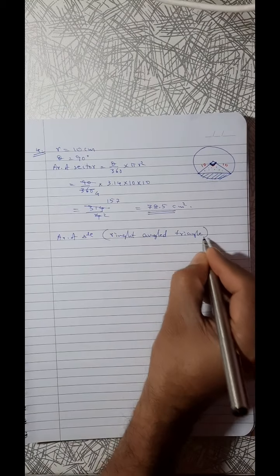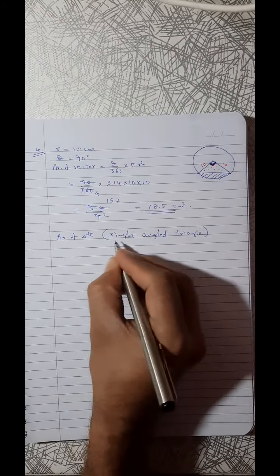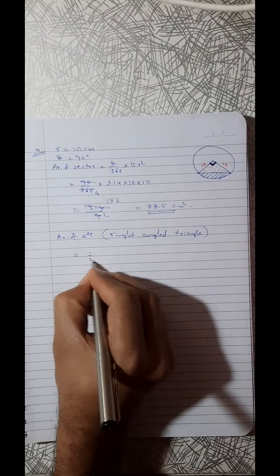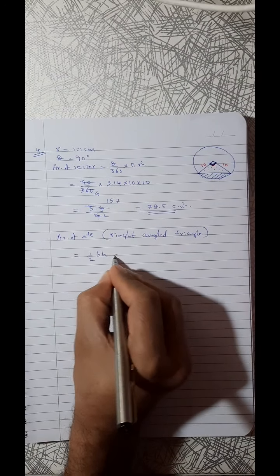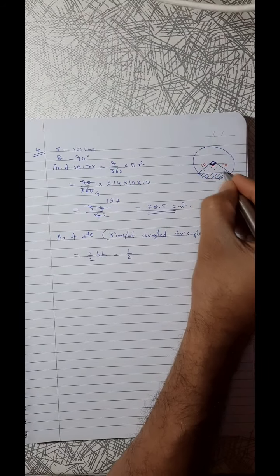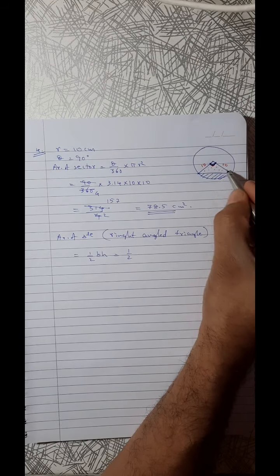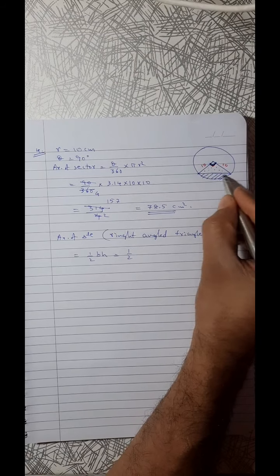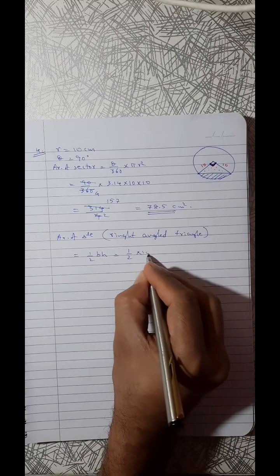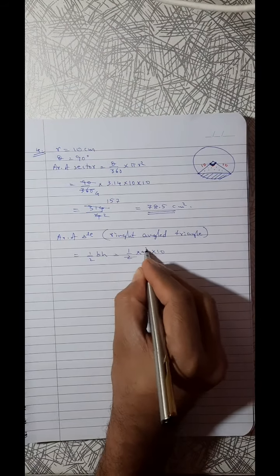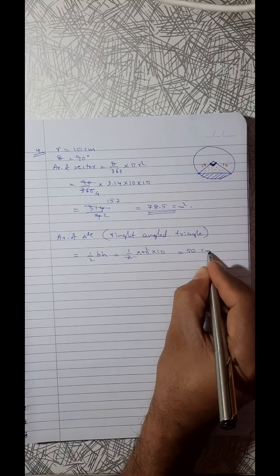Why? Because 90 degree. Since it is a right angled triangle, we can apply the formula half BH. Half into base 10, height also 10. This is base, it is height. Not this one, this we don't know. Half into 10 into 10, that is going to be 50 centimeter square.